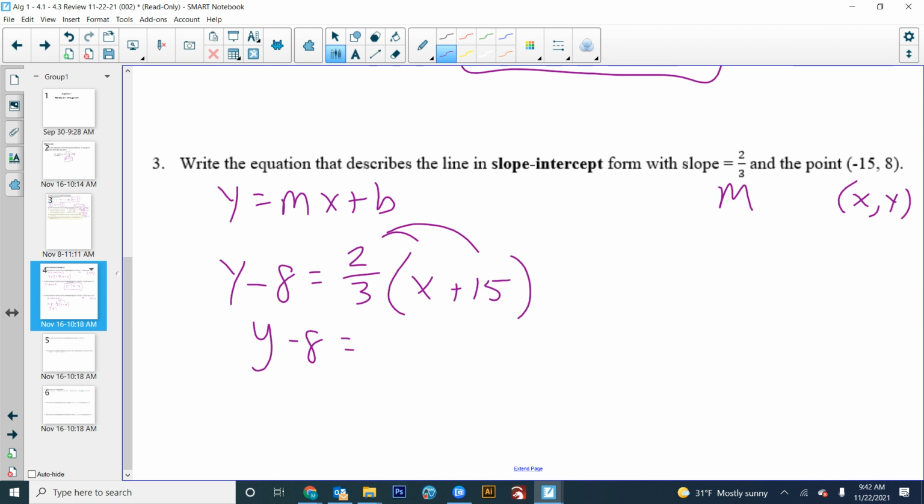What do you got? 2/3 x, and then plus or minus? Plus 10. Is she right? Guys, what's 2 times 15? What's 30 divided by 3?